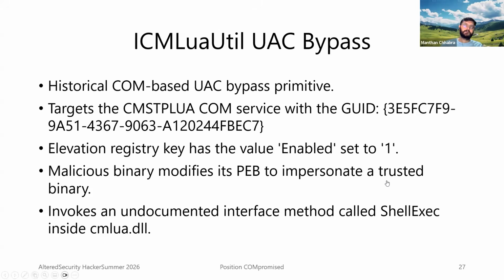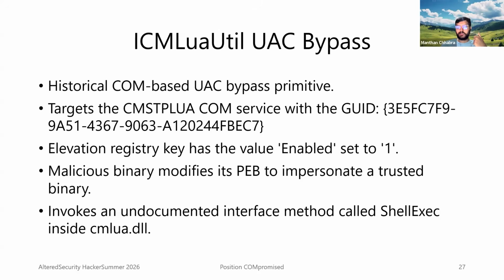Now, there was one blog that I saw where a threat actor was impersonating dllhost.exe. The proof of concept by 0xlane on GitHub impersonates explorer.exe. So our malicious binary modifies its own process environment block to imitate explorer.exe, which of course meets our requirement that the binary is signed and protected.